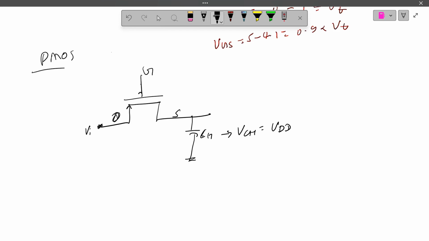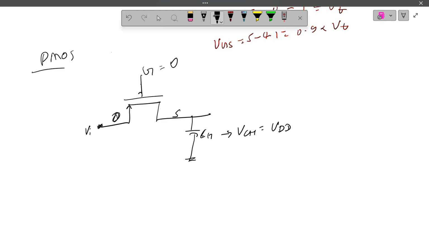So if the capacitor is charged up to VDD and we apply VG as 0 volt for PMOS, the PMOS will turn on when we apply the lower potential, meaning zero. In digital form, 0 and 1, right?